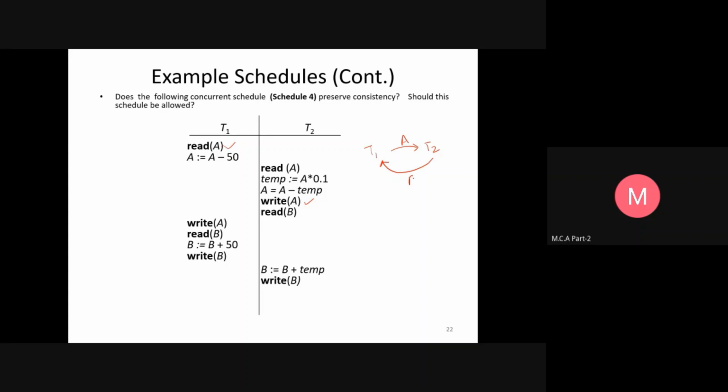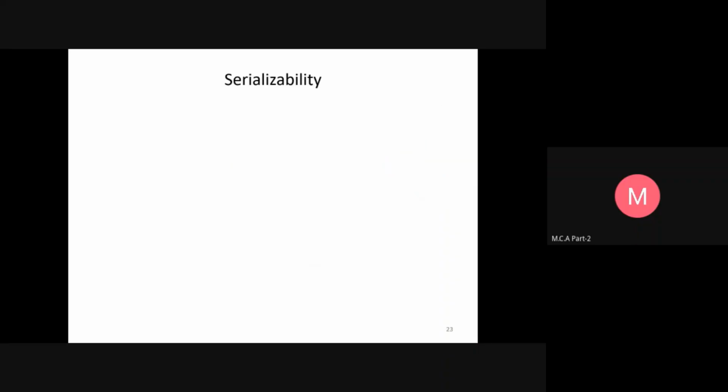So we have this on B. So if you notice, there is a cycle in this graph on the data items, and it is not serializable. And we proved that there was inconsistency in our schedule. If we kept the schedule, there would have been an inconsistency in our database. Okay, so we don't want the schedule.